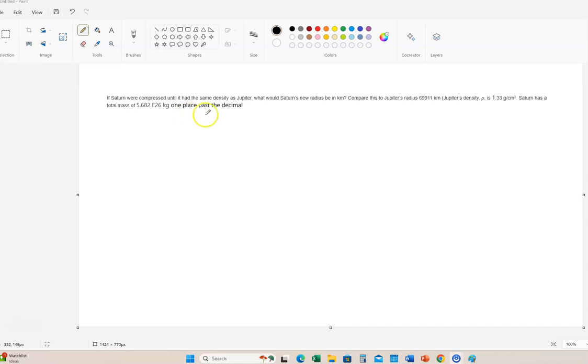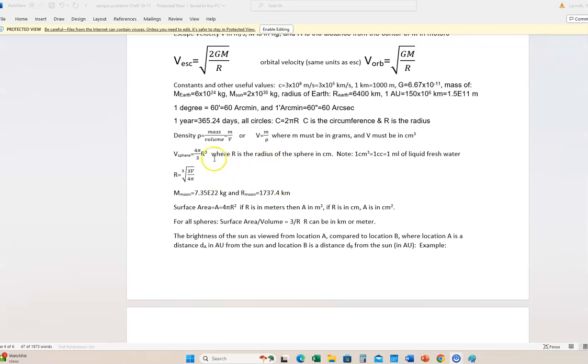All right, we need an equation to solve this one, so let's look at the formula sheet. Here's the equation for density. Density rho is equal to mass divided by volume.